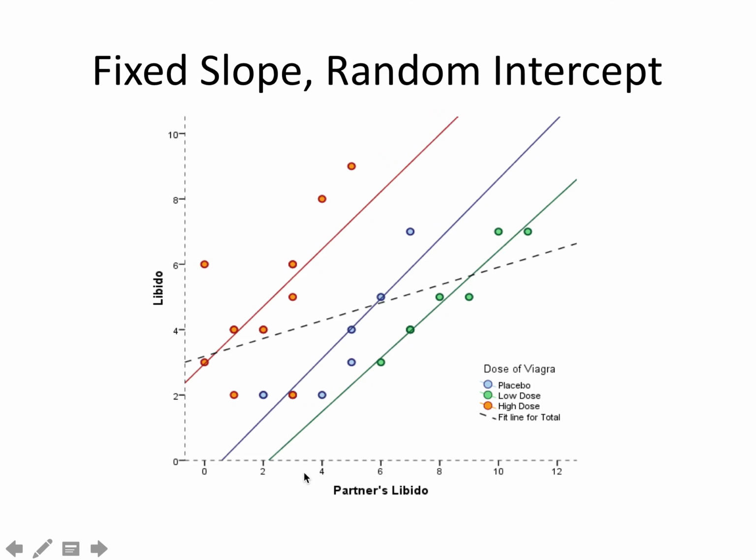And that's a fairly nice fit to the data because it allows the low-dose, placebo, and high-dose groups to each have a different y-intercept, right? So a different intercept, which means that they're starting at different places for their libido in this example. For us, that might mean for each participant, their judgment scores start in different places.